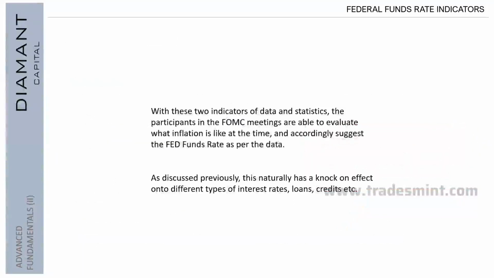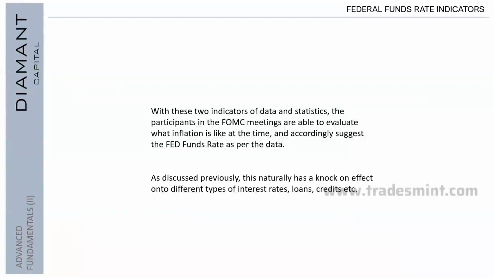Now, with these two indicators of data and statistics, the participants in the FOMC meetings are able to evaluate what inflation is like at the time and accordingly suggest the Fed funds rate as per the data. As discussed previously, this naturally has a knock-on effect on different types of interest rates, loans, credits, and etc. So just to conclude on everything that we've learned right now, the Fed funds rate is discussed 8 times by the FOMC.